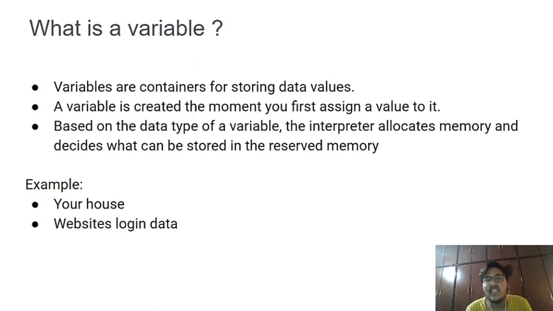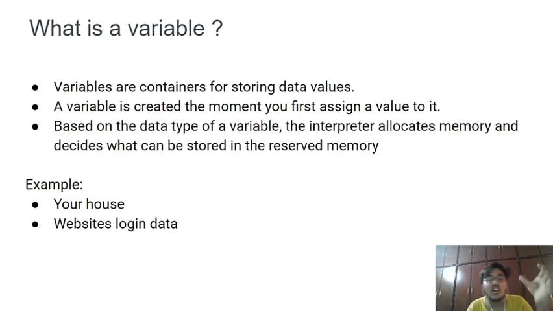So if x is equal to 2, after some time I might change that value to some other value, like x might be changed to 3 or 4. Like water, if I drink half a liter from 1 liter, it varies.